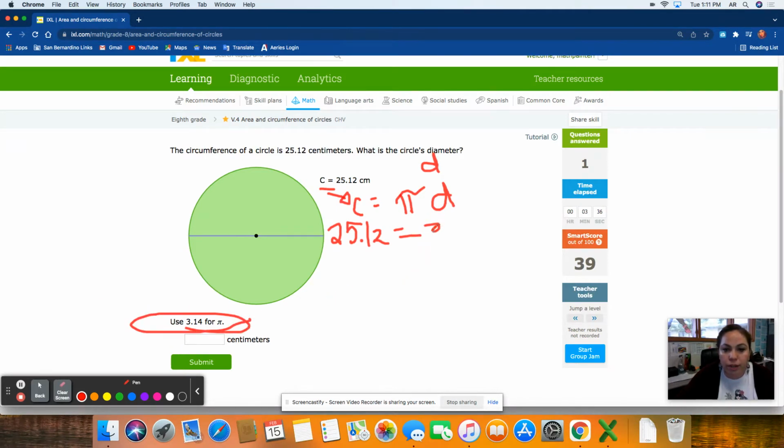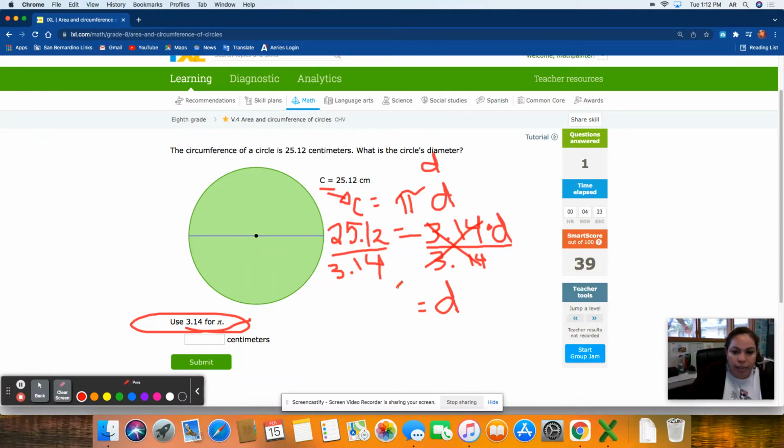Pi equals 3.14 D. To isolate a number and a variable, since they're multiplying, what you need to do is divide both sides so we can isolate the D. So 3.14 is going to be on both sides, and this is going to cancel out, leaving us with D equals 25.12 divided by 3.14, which is 8.